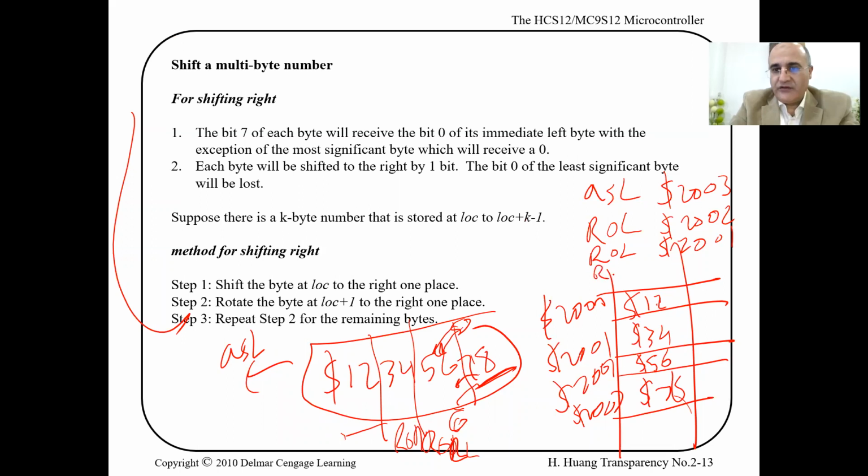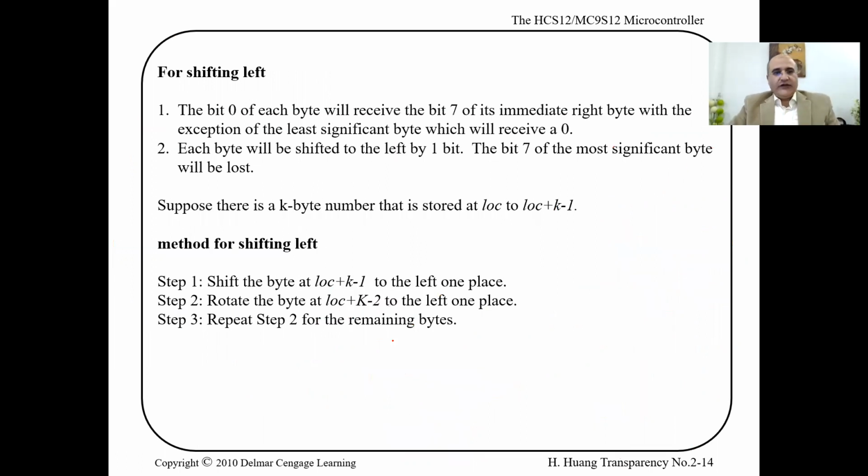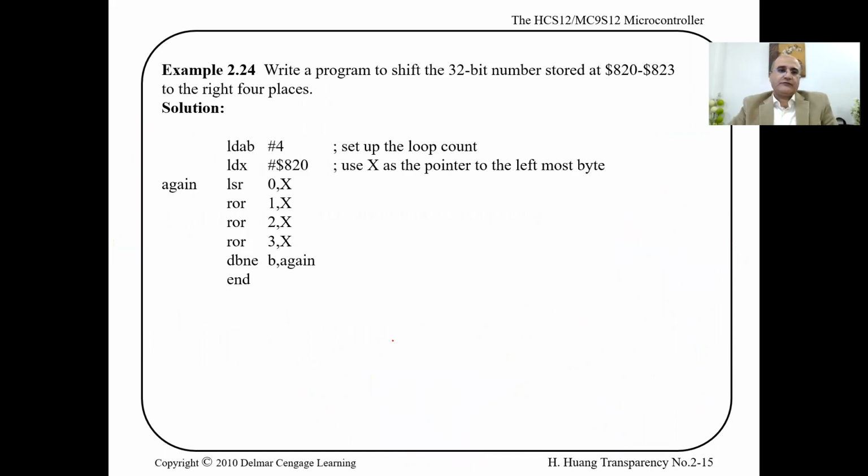Then rotate left 2000. Right? It's as if you did a shift of the 32 bit. Okay, and this is a code to do it. Here.